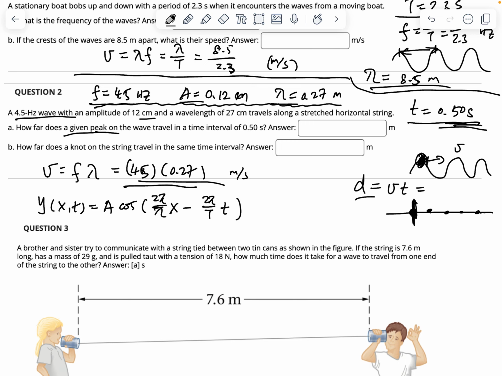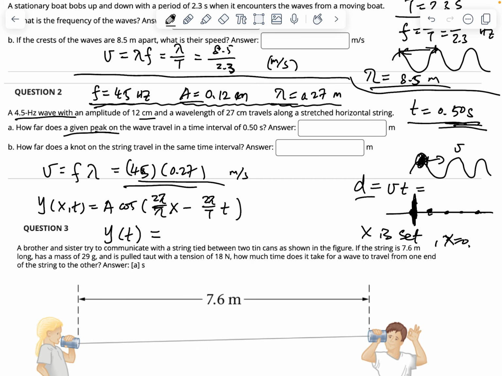So any knot travels up and down. For the given knot, x is set to a given location. Well, let's use x equals 0. So in terms of t, x is set.